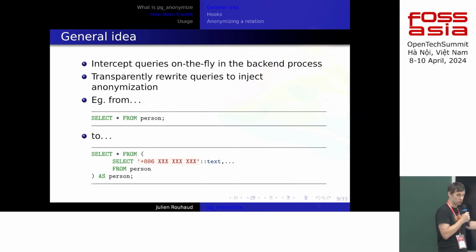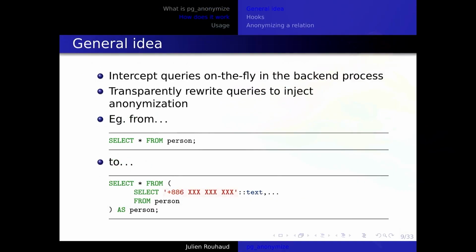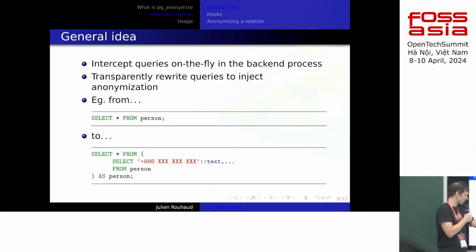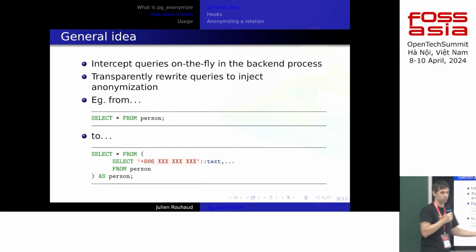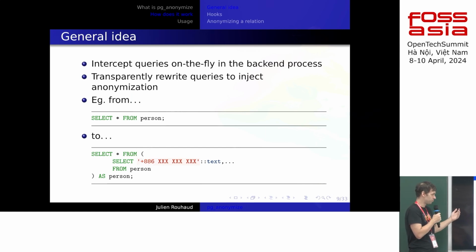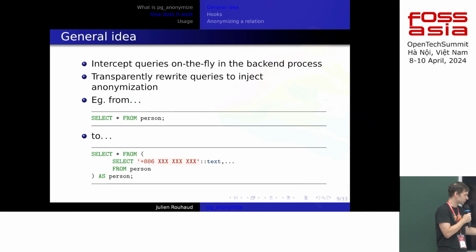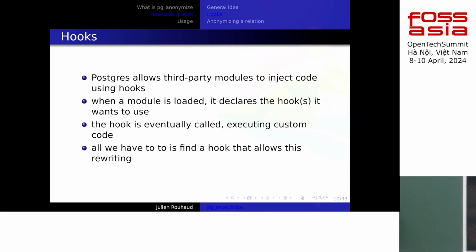And this is actually the query that will do the anonymization. Here, I'm just doing a naive example of anonymization of a phone number, where I just keep the phone code, which is the Taiwan phone code, and XXX for all the number. So you know where the person is living, but you don't know the actual phone number. If you execute that instead, you see the data anonymized, and there is no way you can actually access the original data. So let's see how you can do that with Postgres.